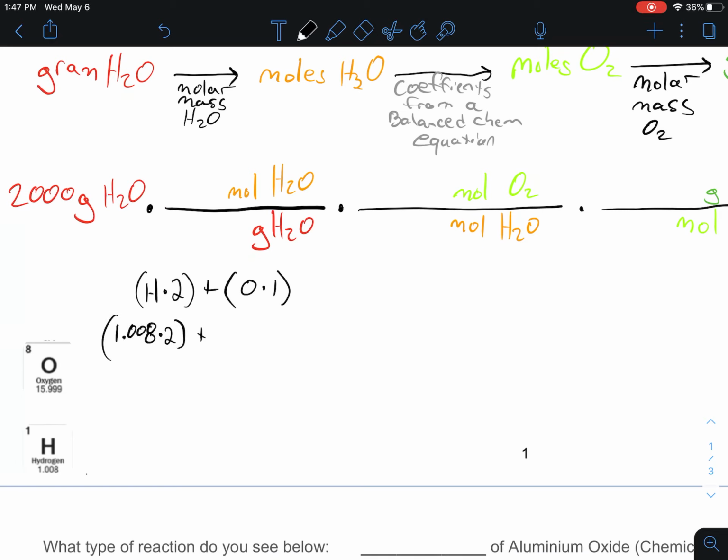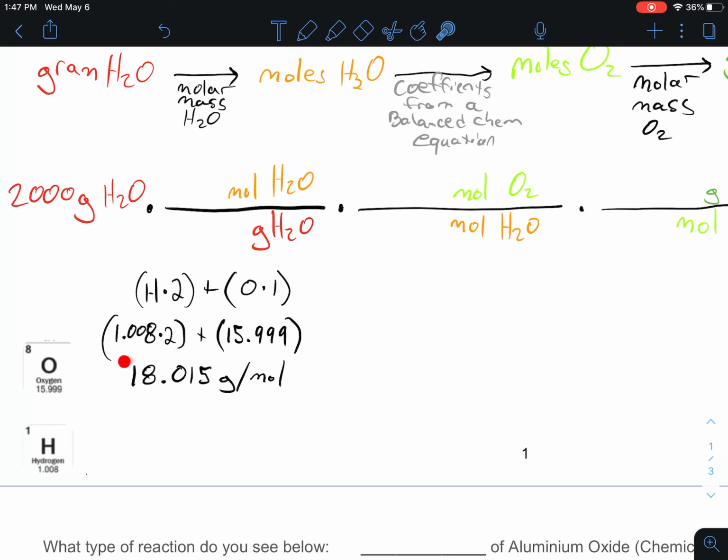Close the parentheses and add it to the mass of oxygen, 15.999. Times 1 is the same thing. Solve that, and you end up with 18.015 grams per 1 mole, or grams per mole.